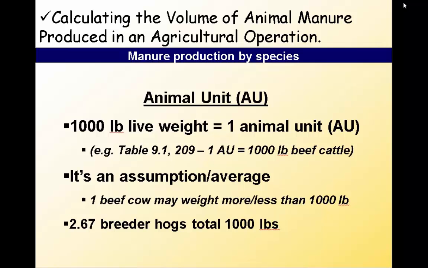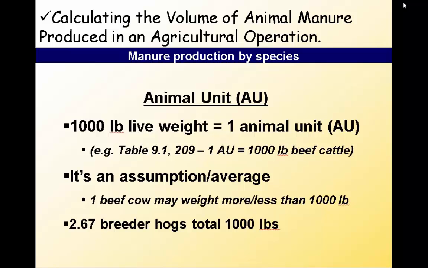You have to understand the concept of what an animal unit is. Because one chicken and one cow aren't the same, there's a way sometimes in science we like to normalize data so we can talk about it with each other. Animal unit's one of those things. 1,000 pounds is one animal unit. So no matter what you're talking about, instead of saying one chicken versus one cow, you're saying 1,000 pounds of cow, 1,000 pounds of chickens.